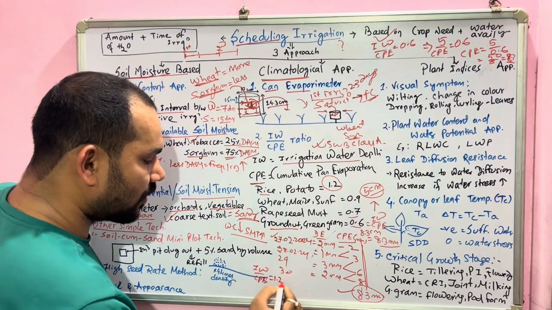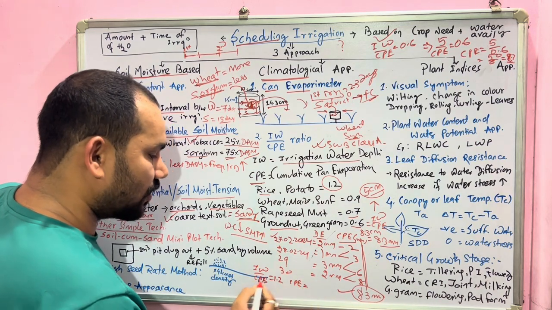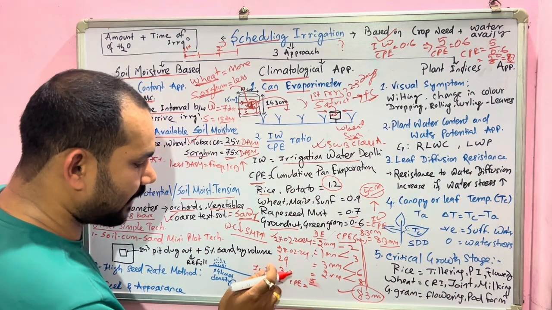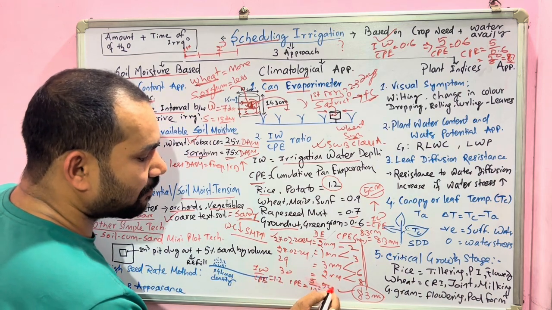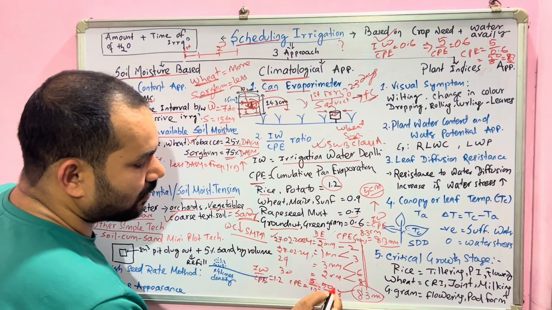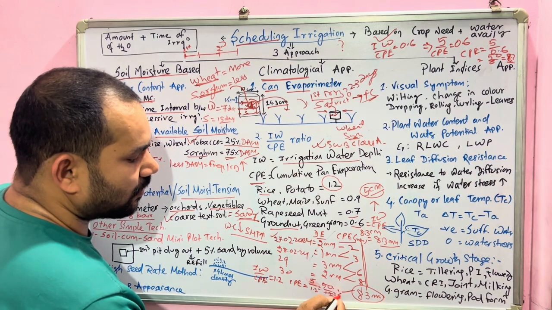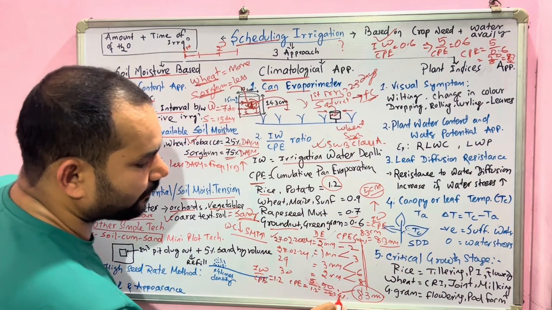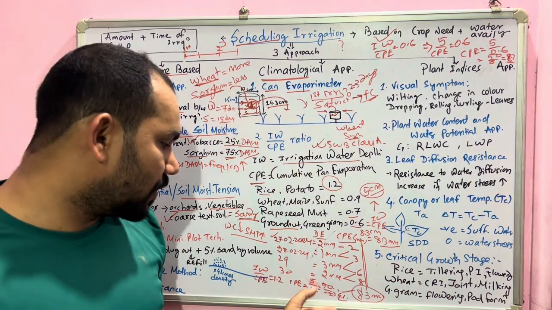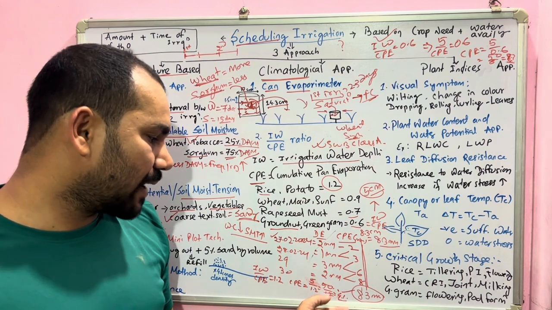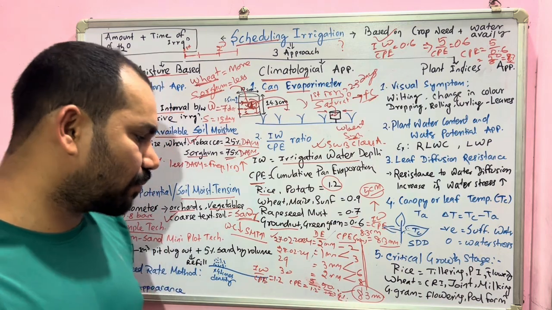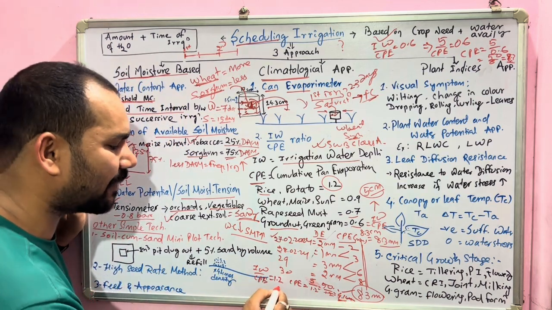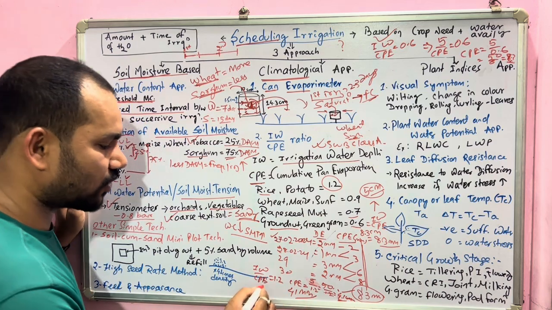You have applied 5 centimeter, so your CPE becomes 5 by 1.2, which is 50 by 12, that is 4.1 something. Suppose 4.1 centimeter. If you calculate into millimeter, it becomes 41 millimeter. So this is for rice.